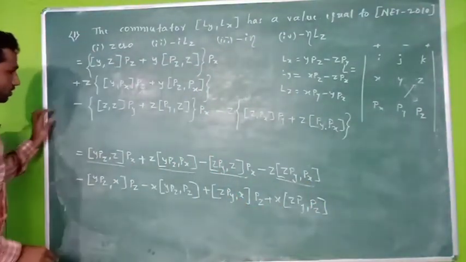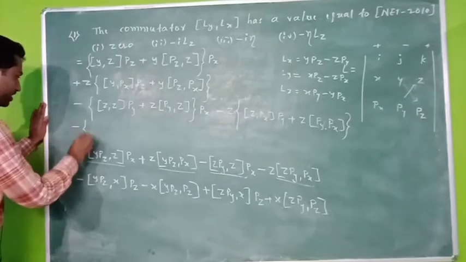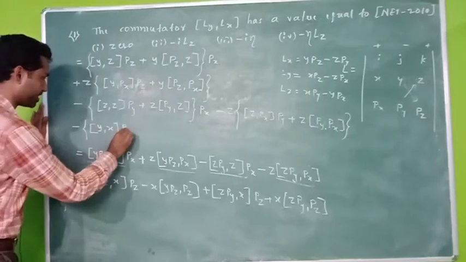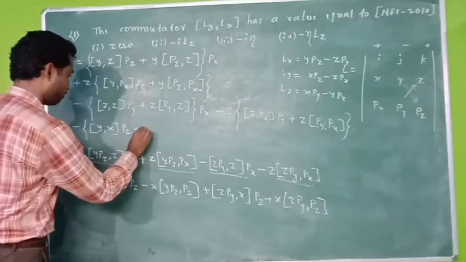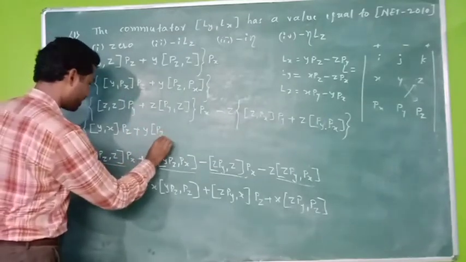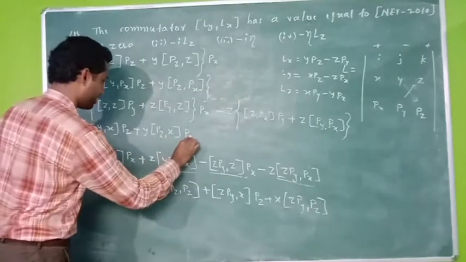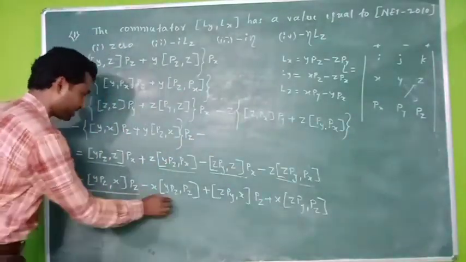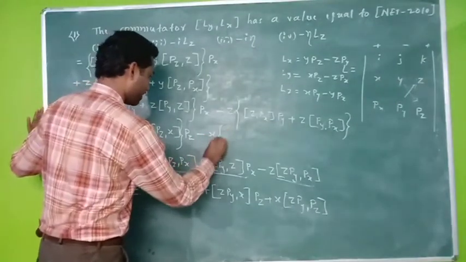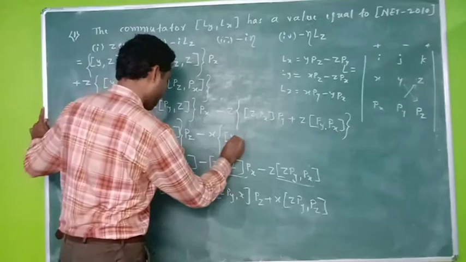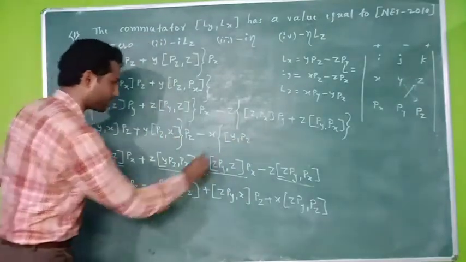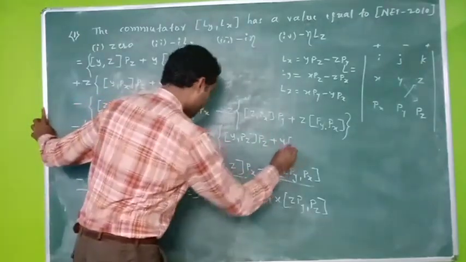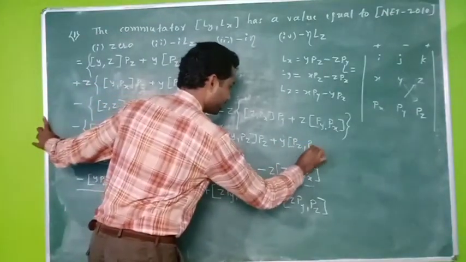Now we have to expand one more thing: minus, within a bracket, the commutator of y and x multiplied with pz, plus y times the commutator of pz and x multiplied with pz.